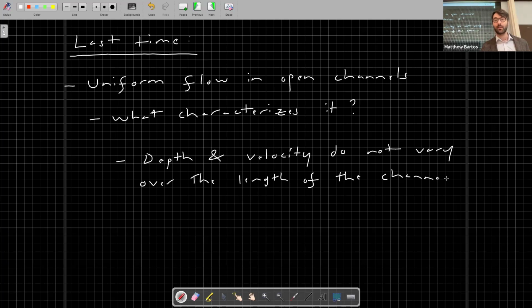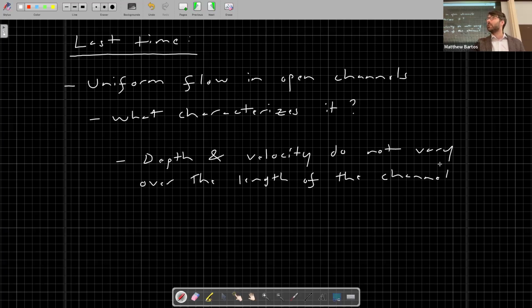So the depth and velocity remain constant throughout the channel's entire length. Basically, if you have that condition, the only thing that can happen is that the water surface is parallel to the ground surface beneath it.